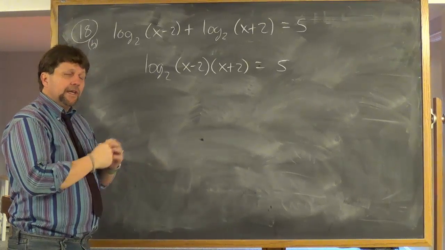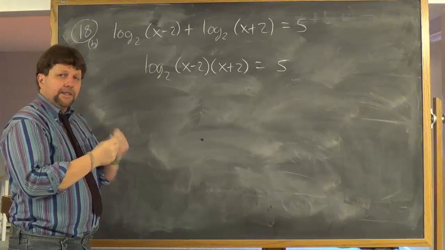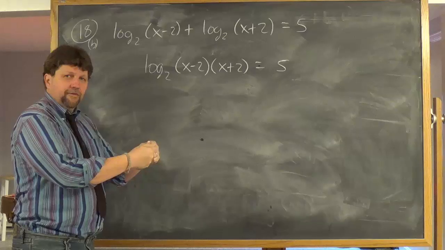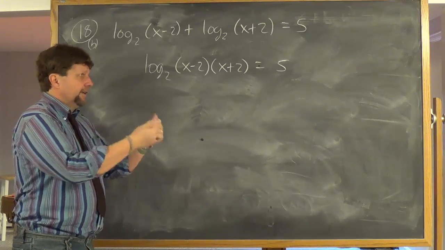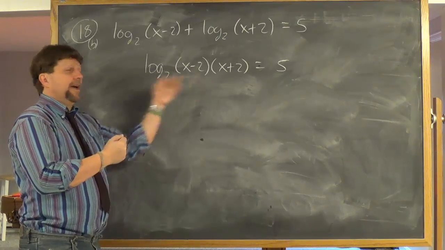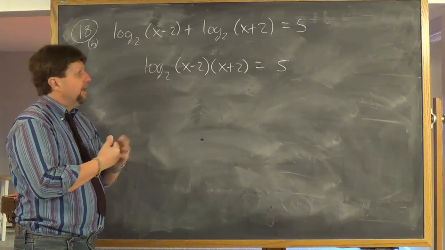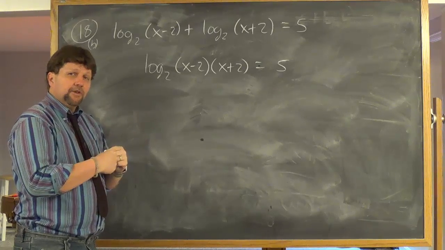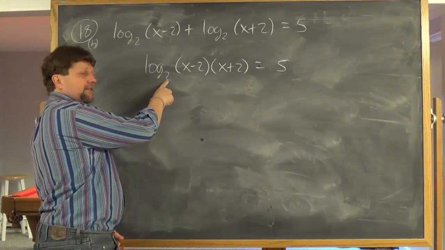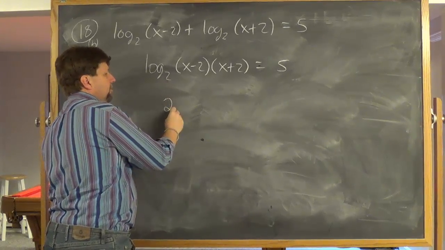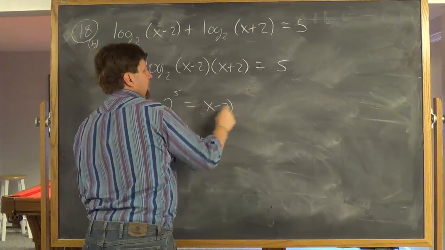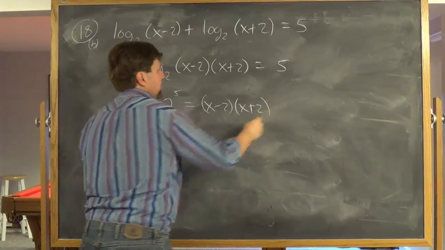Okay, now as I mentioned earlier, it's really important for you to be able to take an equation from exponential form, put it into log form, and vice versa. If it's in log form, put it into exponential form. Well, here we have an equation with a log involved. I'm going to rewrite this into exponential form. The base is 2, so I would have 2 to the 5th power equals x minus 2 times x plus 2.